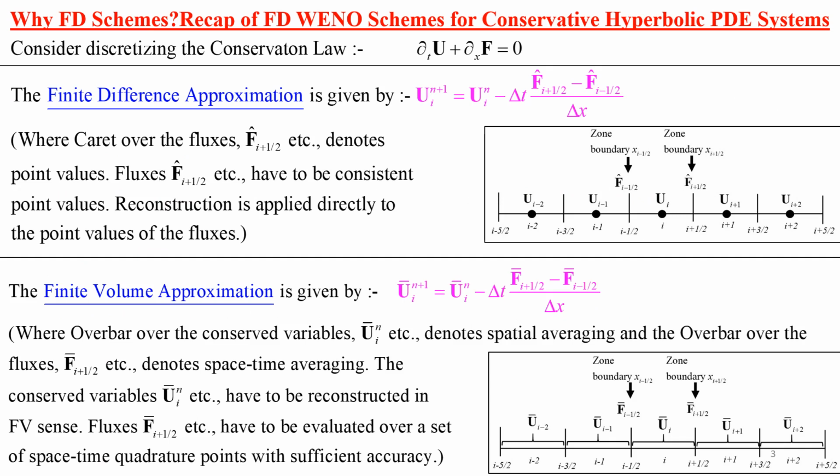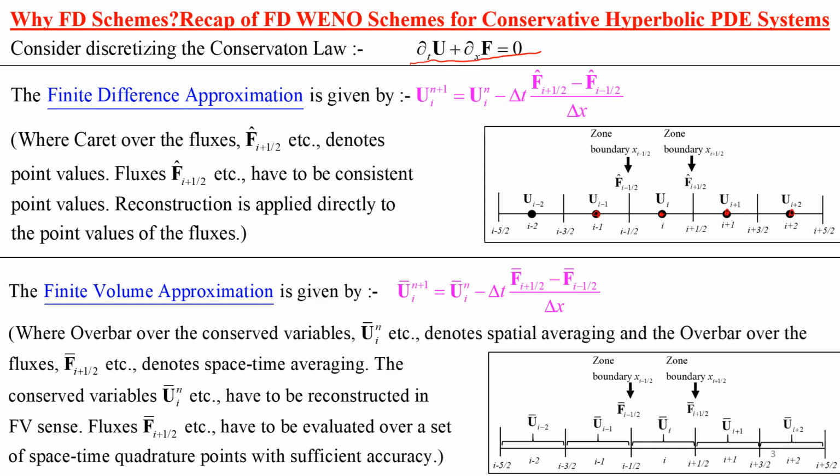So suppose you're given a simple conservation law, namely the time rate of change of u is proportional to the gradient of f. There are two ways you could go about it. You could choose a finite difference approximation, or you could choose a finite volume approximation. What is the difference between them? The bottom line is that a finite difference approximation is defined on a mesh at the zone centers of that mesh, which is what is shown here.